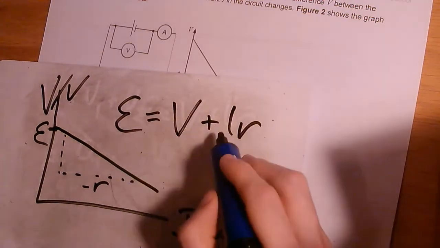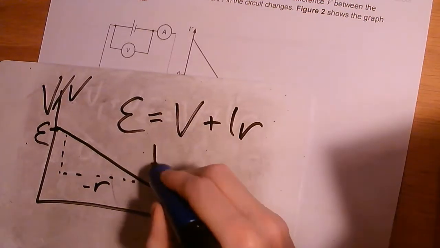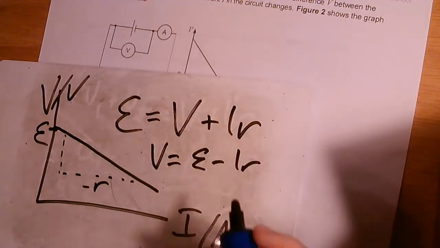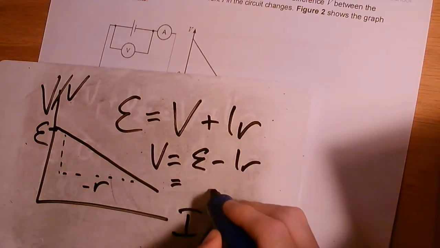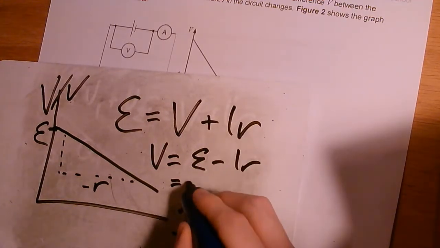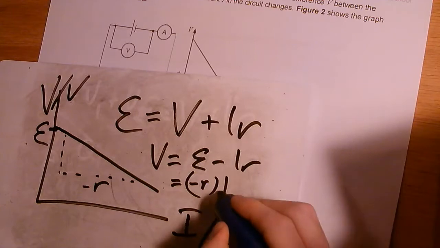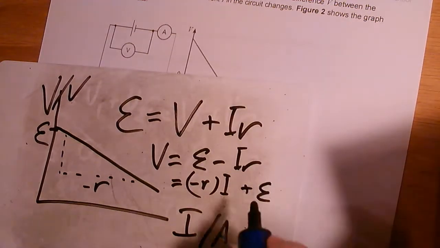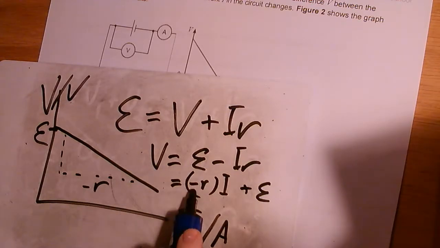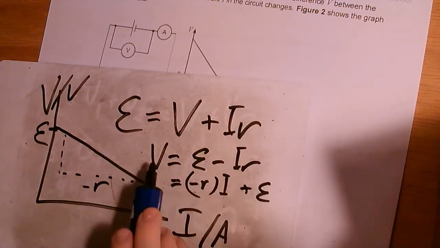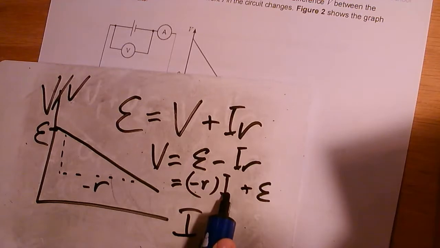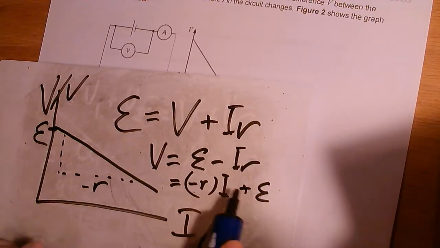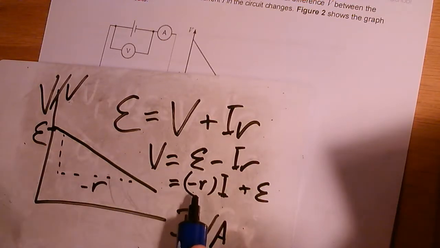If I take Ir off both sides, I'll end up with V equals epsilon minus Ir, and then I can rearrange that to say V equals minus r times I, plus epsilon. That's your y equals mx plus c graph if V is on the y-axis and I is on the x-axis. So the intercept is going to be the EMF, and the gradient is going to be minus r.